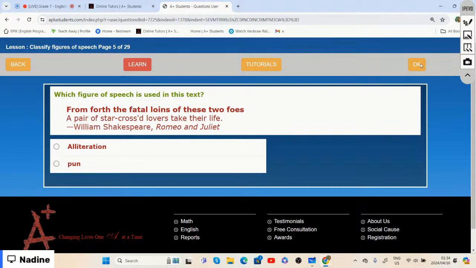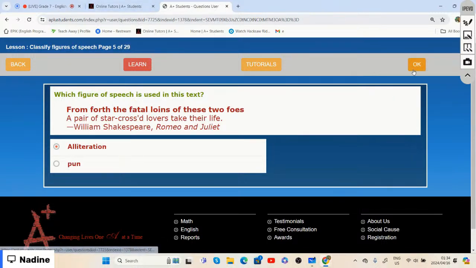From forth the fatal. Let's quickly see.